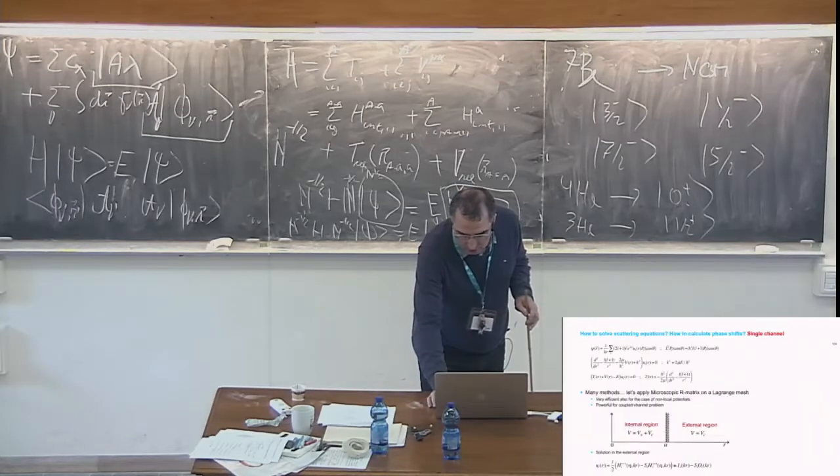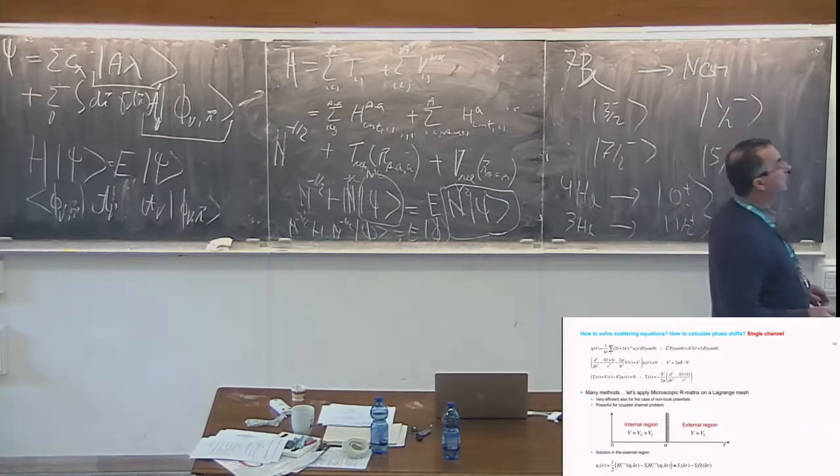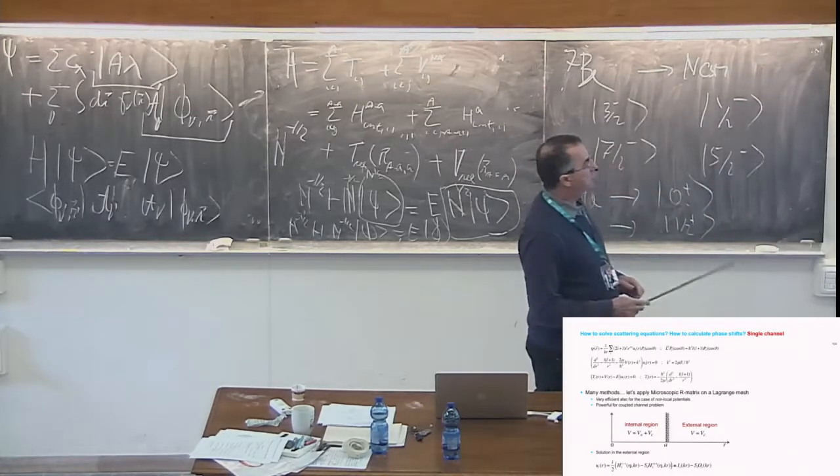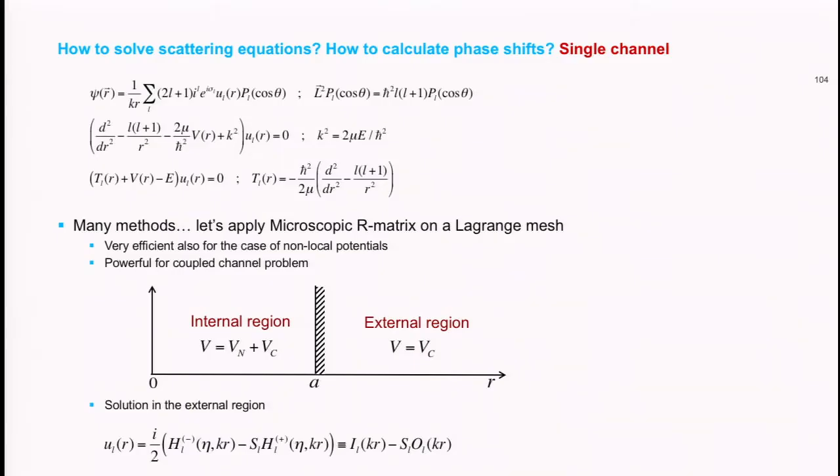Now before the lunch, I would like to describe how to solve this, because I think it's of more general interest. Or let's say to describe the method that we call microscopic R matrix or Lagrange mesh. It's a very powerful method, and it could be used more generally.